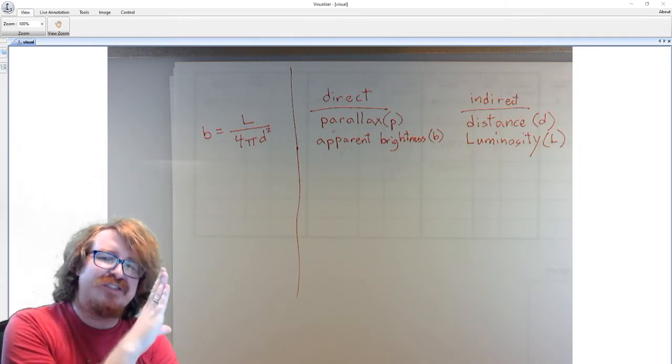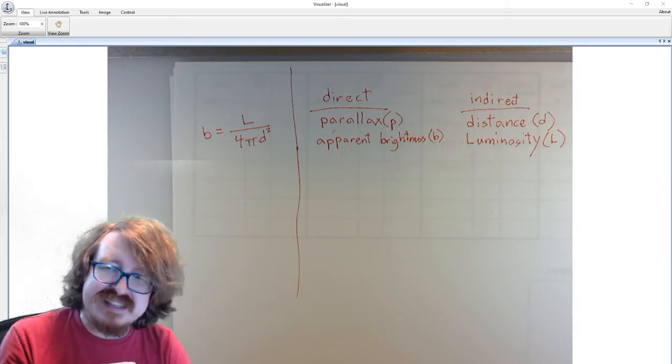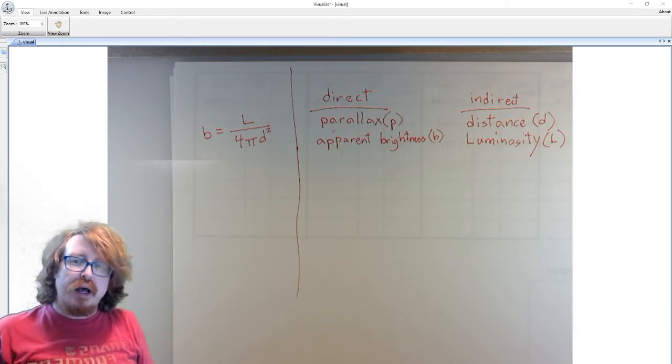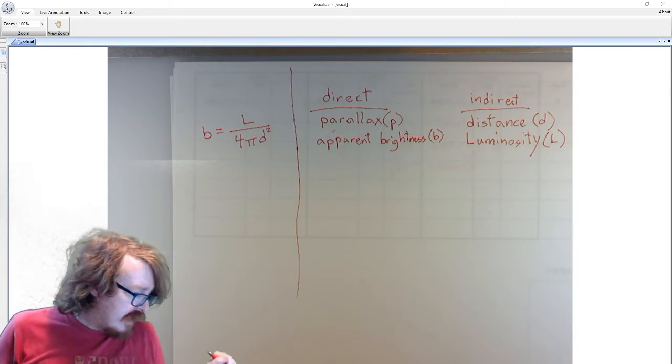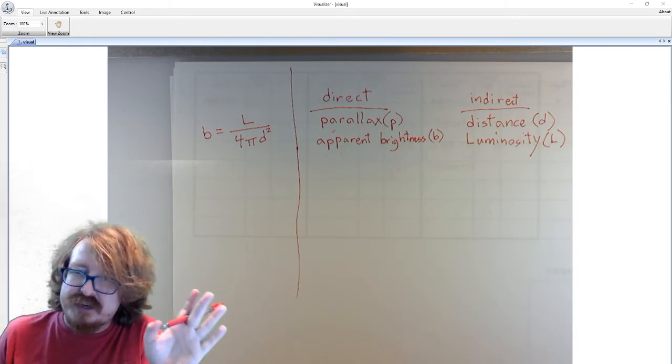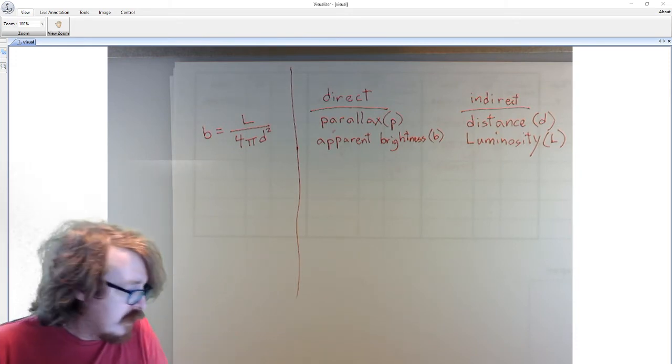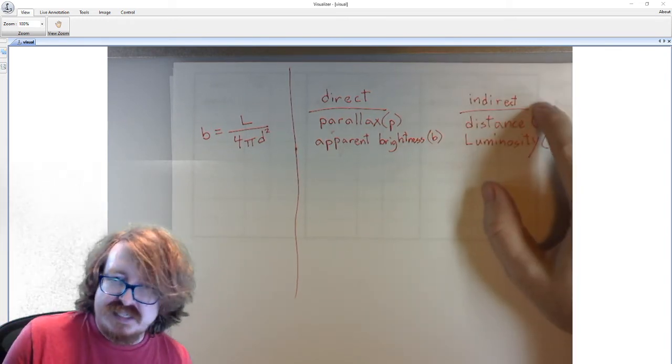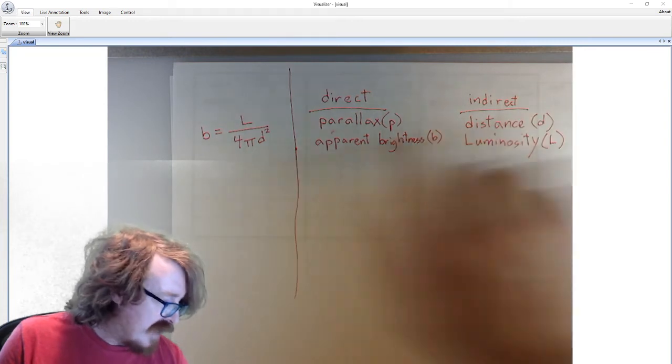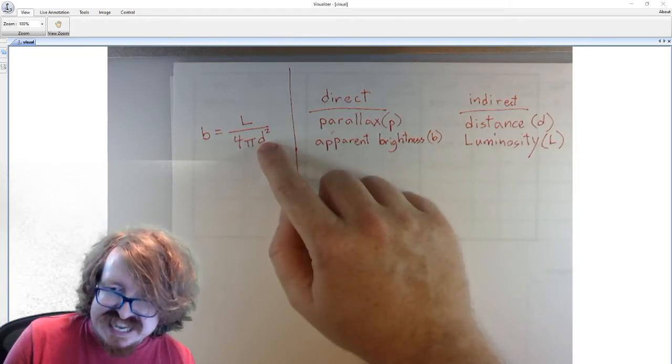Let's put this all together. There's a reason I'm putting this here. Remember, if an astronomer is trying to figure these properties out, they've already found the distance. So in this equation, we already know d, right?